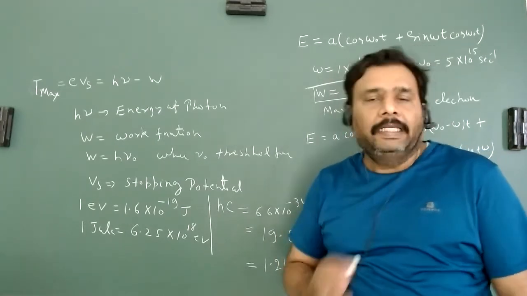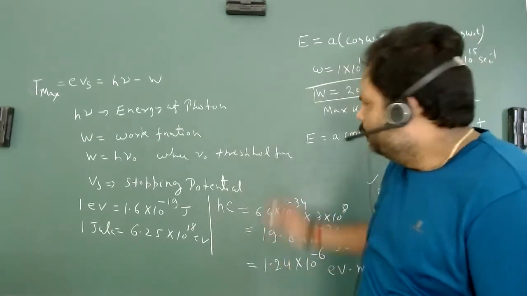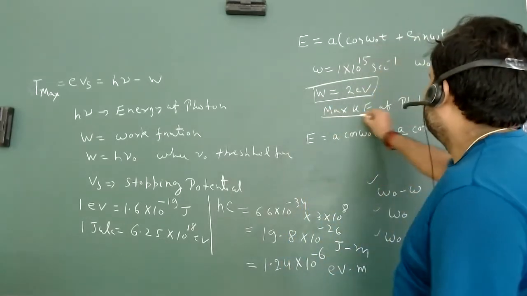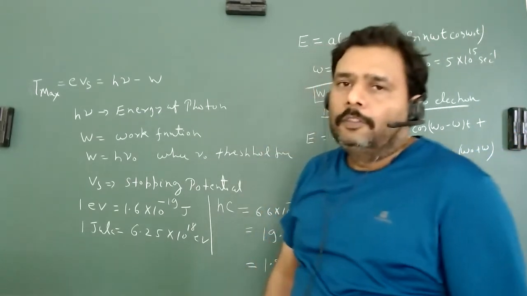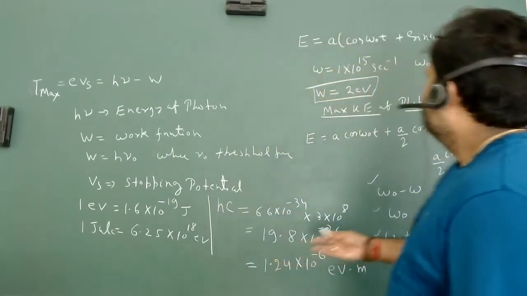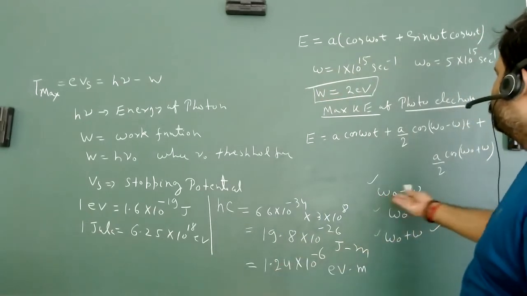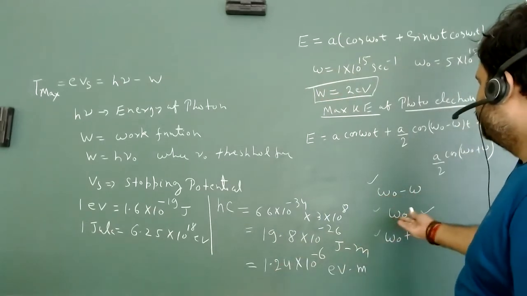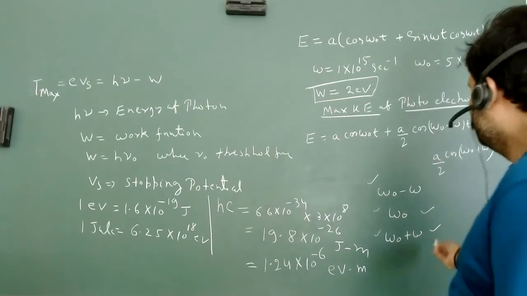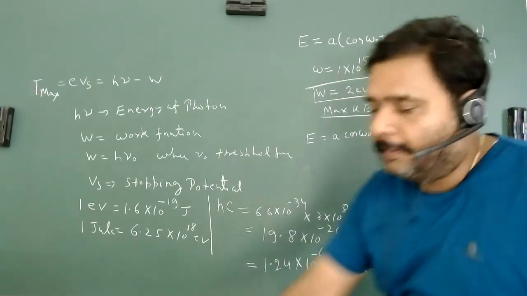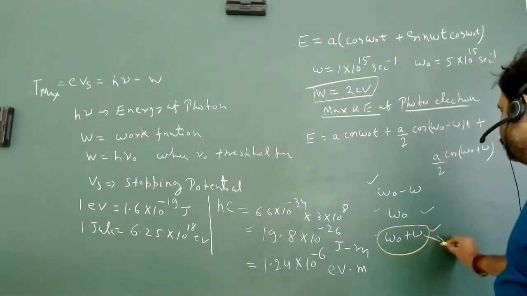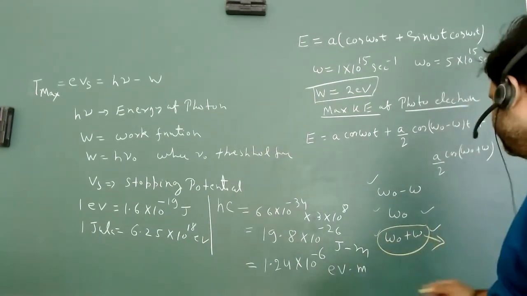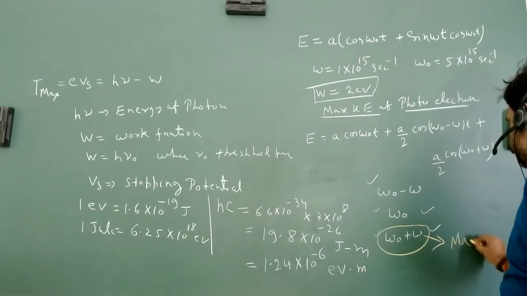But in this problem, we have to find the maximum kinetic energy of the photoelectron. So obviously we need not worry about omega naught minus omega, or omega naught. Obviously, we know that this particular frequency, the light or photon with frequency omega naught plus omega, will produce the maximum kinetic energy.